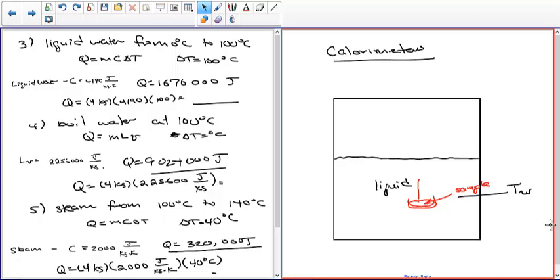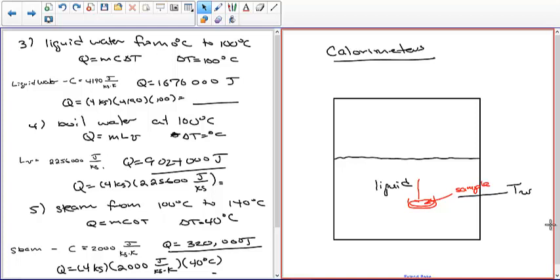So the whole idea is you have an insulated vessel of some sort, and typically you have some kind of liquid, usually water, which is going to be used to absorb the energy. And we know the specific heat of the liquid water, and you take a sample at a given temperature and you put it into the calorimeter, and what happens is the water heats up and the sample cools down, and they reach an equilibrium where they have the same temperature.